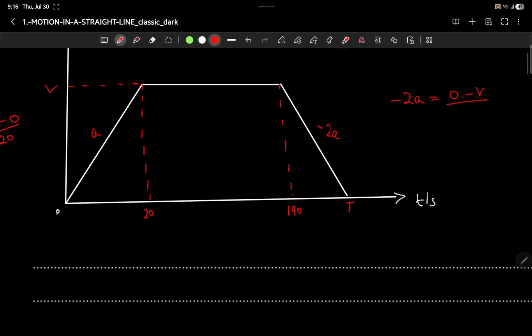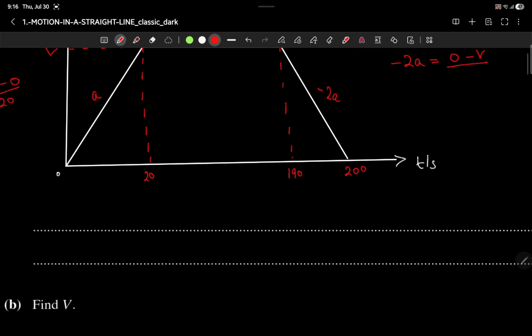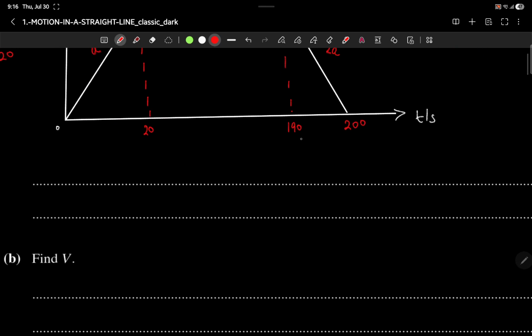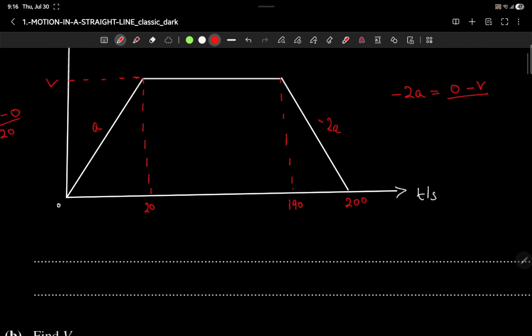So over here, if it takes 20 seconds, over here it's going to take 10 seconds. Hence t here will be 200, because it's going to take exactly 10 seconds to decelerate to rest, since the acceleration is double. So over here it's going to be 200 seconds, and it's going to be 10 seconds.